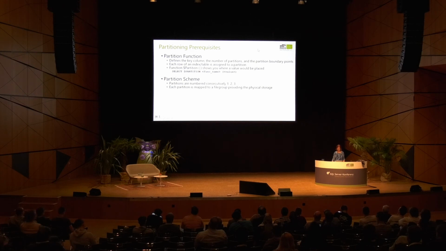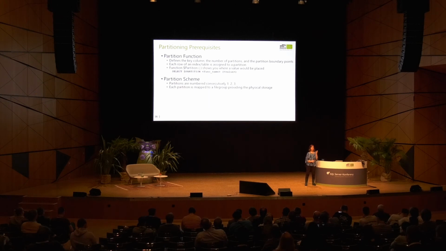After we define the partition function, I'll show you this dollar partition in just a minute. It doesn't make much sense if I just talk about it. Then we come up with a partition scheme, which is a list of file groups. All a partition scheme is, is a list of file groups. There have to be at least as many file groups as there are partitions.